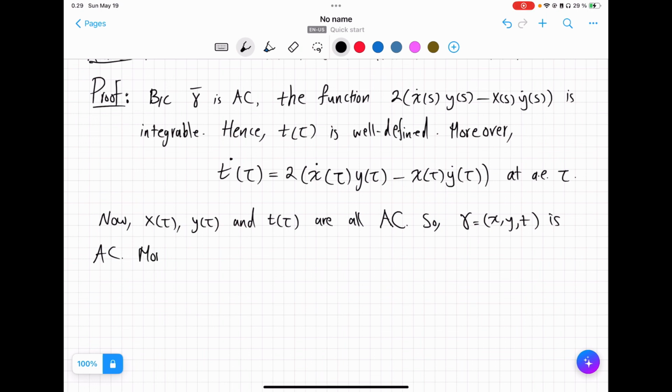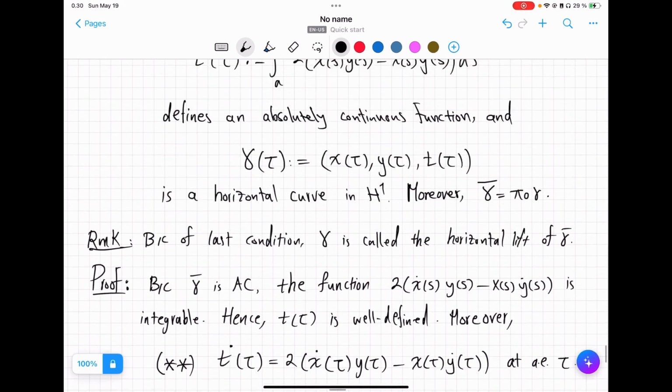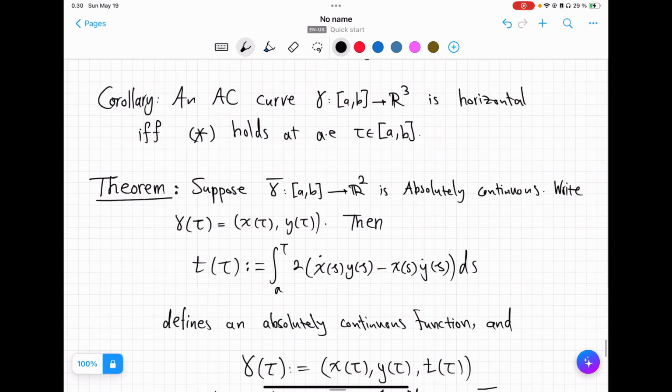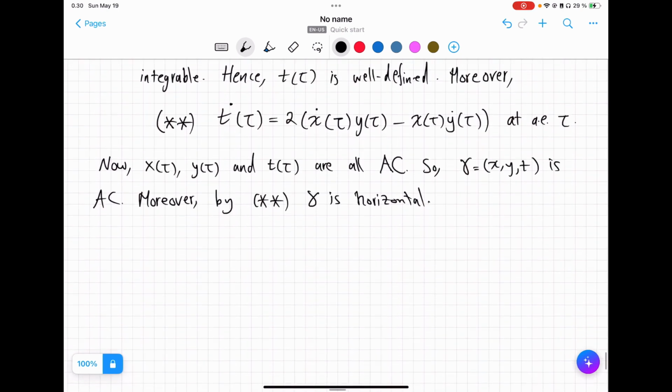And moreover, let's call this double star. By double star, which holds almost everywhere, gamma is horizontal, because the horizontality condition, remember from the previous fact, is equivalent to star. If and only if star holds, and condition double star is just saying that star does hold. Maybe condition double star is just the star.